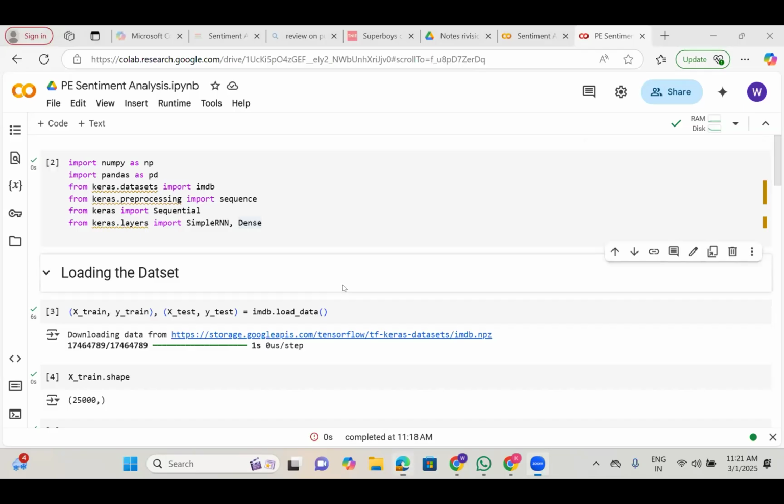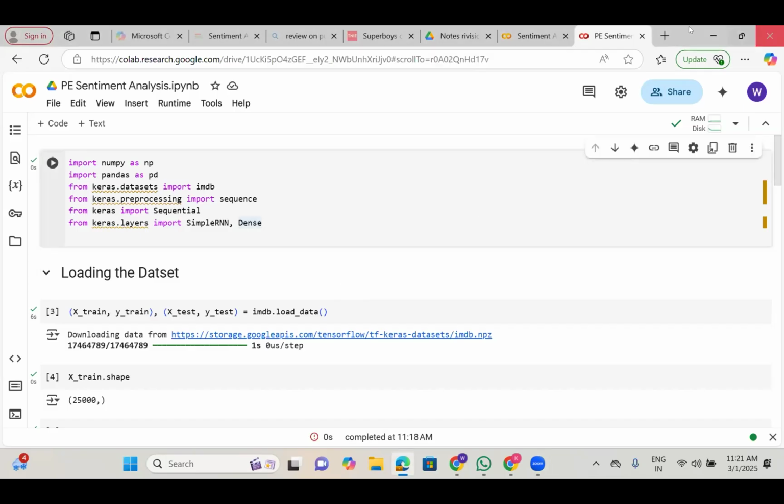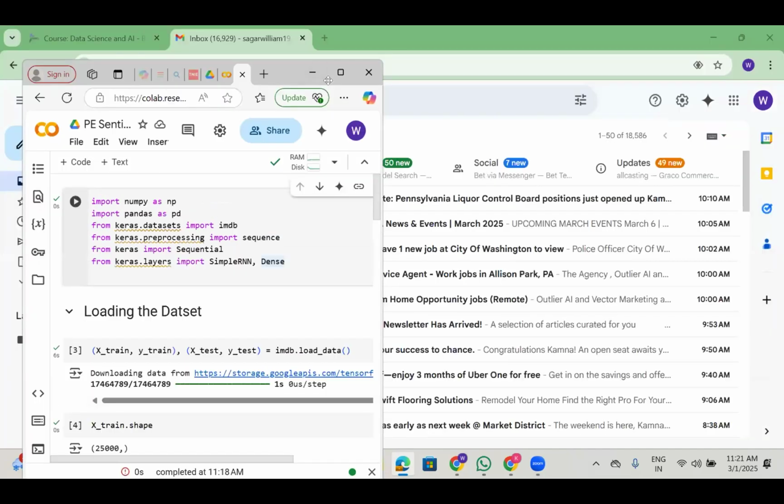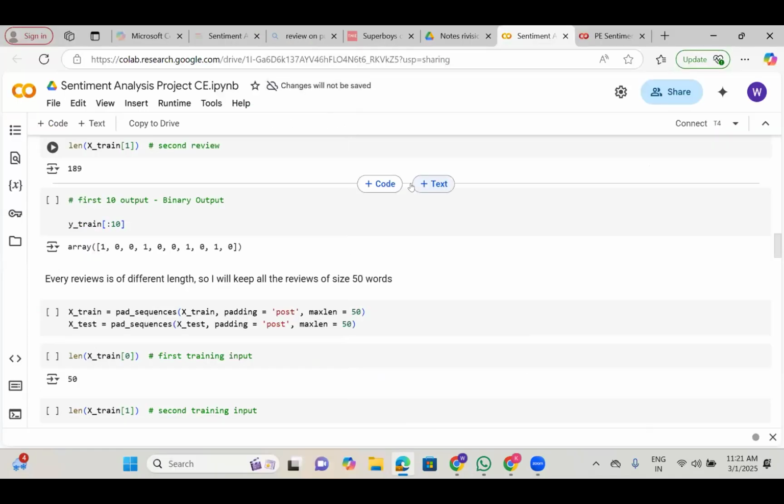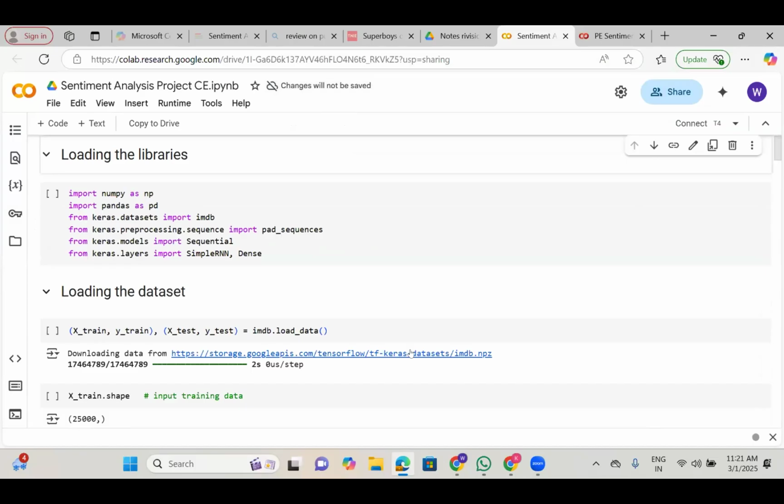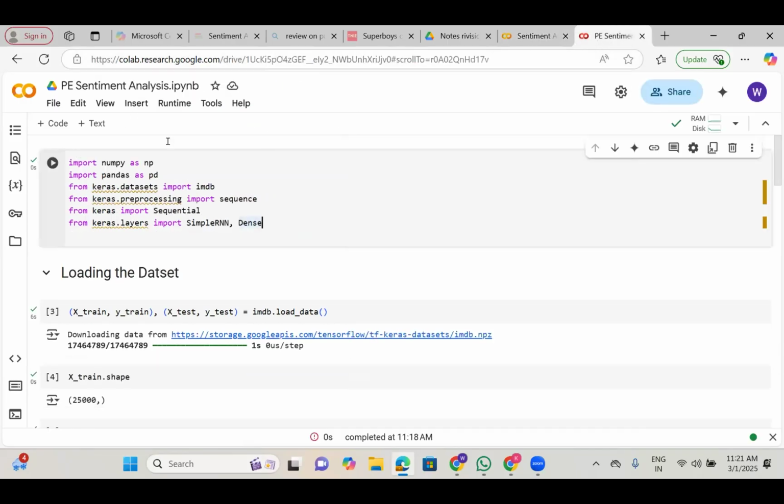This is yours, the one you are showing me. Open the one I have given, it is on the left side. Go to the top. The fourth line is missing, the fourth library, pad sequences. Yeah, I missed this one.